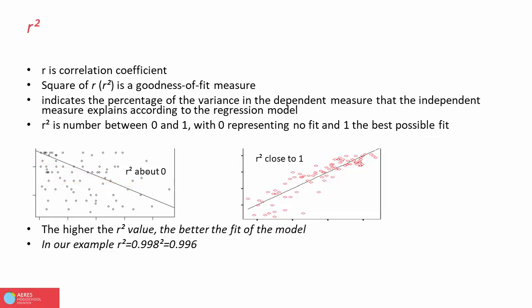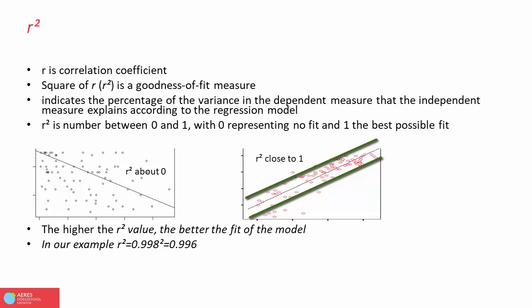Another way to look at it is to say that we have a certain region of confidence, a kind of confidence interval around our regression model, and a certain percentage of our data points fall within these boundaries. So some of the variation in our data falls within this interval and some outside.